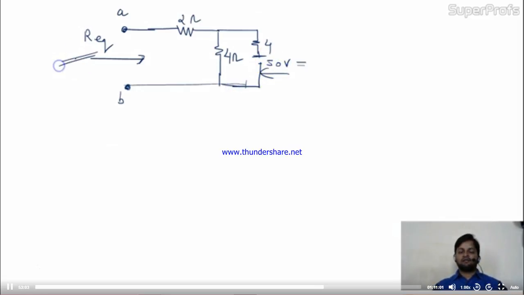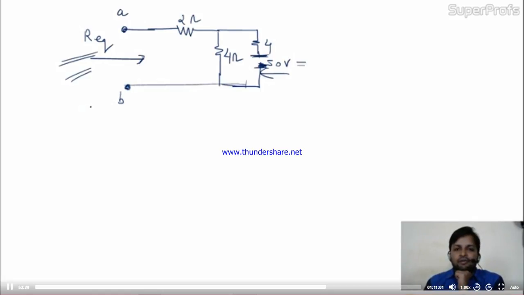Now they are asking to find out the R equivalent. This independent source will not affect the value of resistance across points A and B. Whether these independent sources are there in the circuit or not, it doesn't matter to R equivalent. R equivalent will not change.